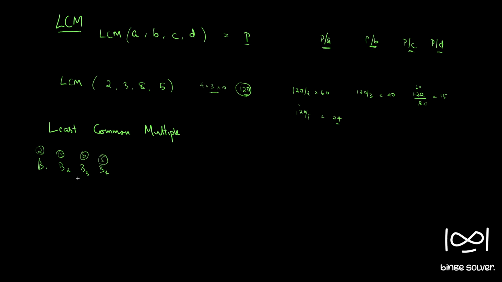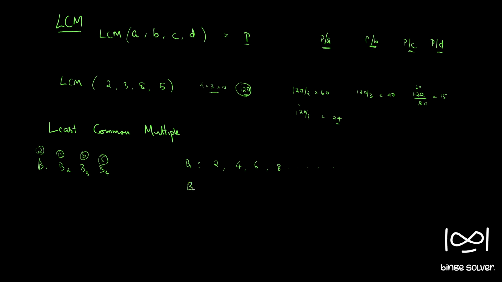So if we are asked at what time all these bells ring together, we know that if you take B1, it rings after an interval of 2, so 2, 4, 6, 8, it goes like this.